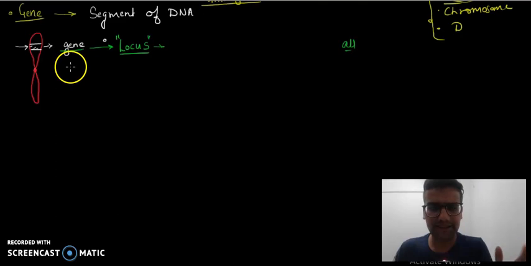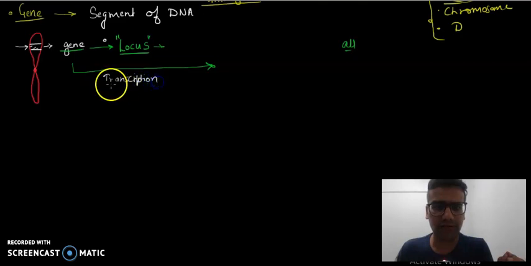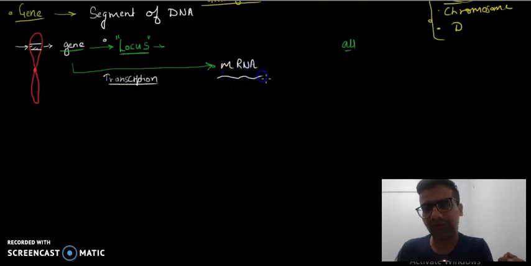Let us say this gene undergoes transcription. What is transcription? Transcription is basically the formation of an RNA molecule. So from DNA, RNA is formed. This is what we call transcription. This is the mRNA formed from this particular gene.